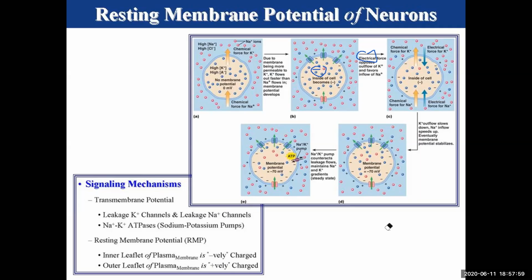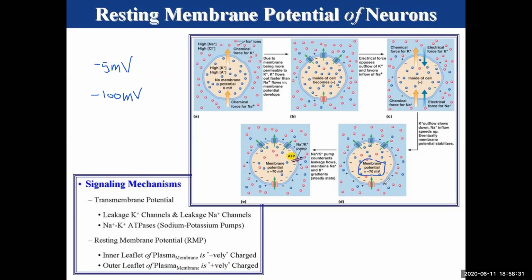So each cell has its own resting membrane potential. That resting membrane potential can fluctuate anywhere from minus 5 millivolts all the way to minus 100 millivolts. And neurons have minus 70.